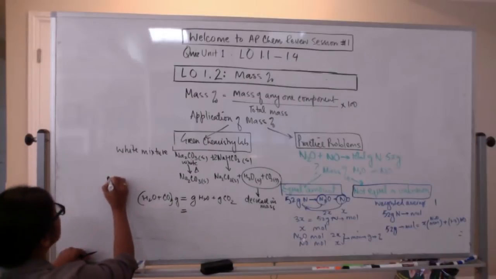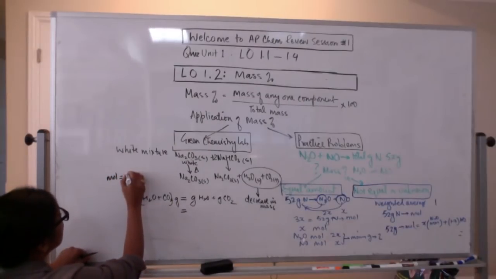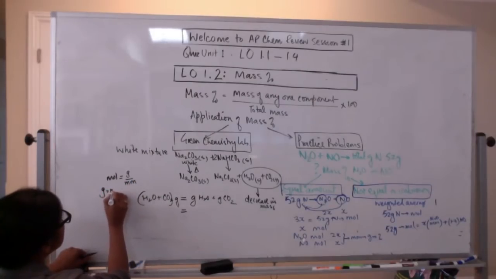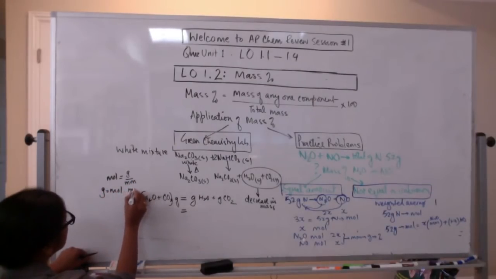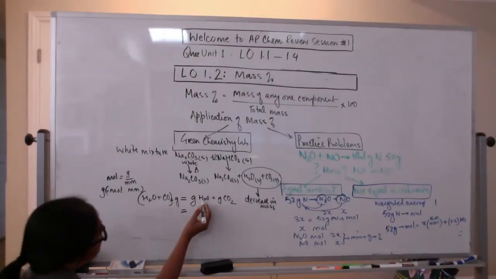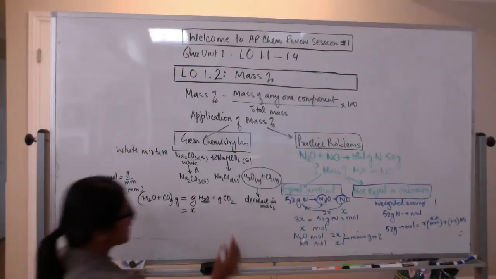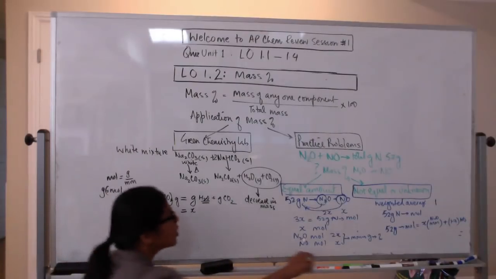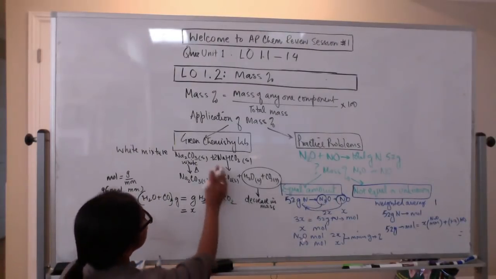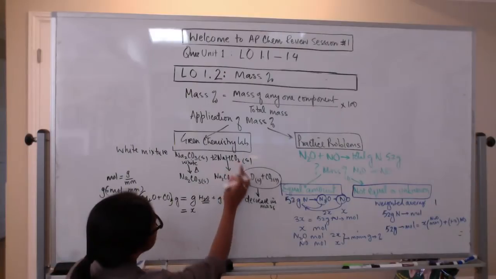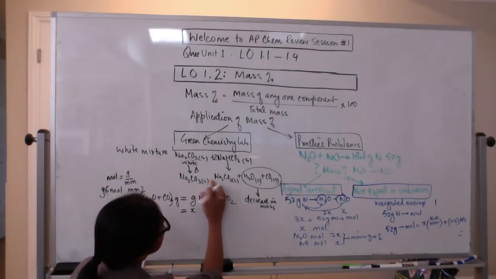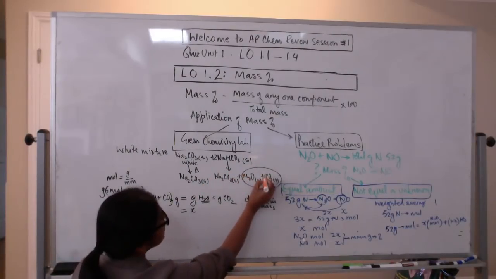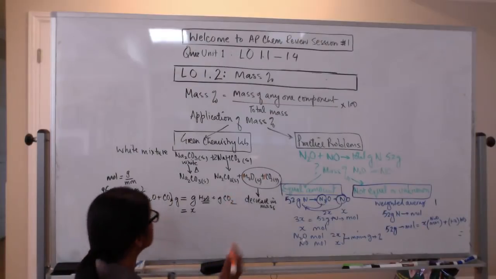We know moles are grams over molar mass, so grams are moles times molar mass, right? Let's say X moles of water are made. Here we use mole ratios. We know when 2 moles of NaHCO3 decompose, it makes 1 mole of this, 1 mole of this, and 1 mole of this, so the mole ratio is 1 to 1.